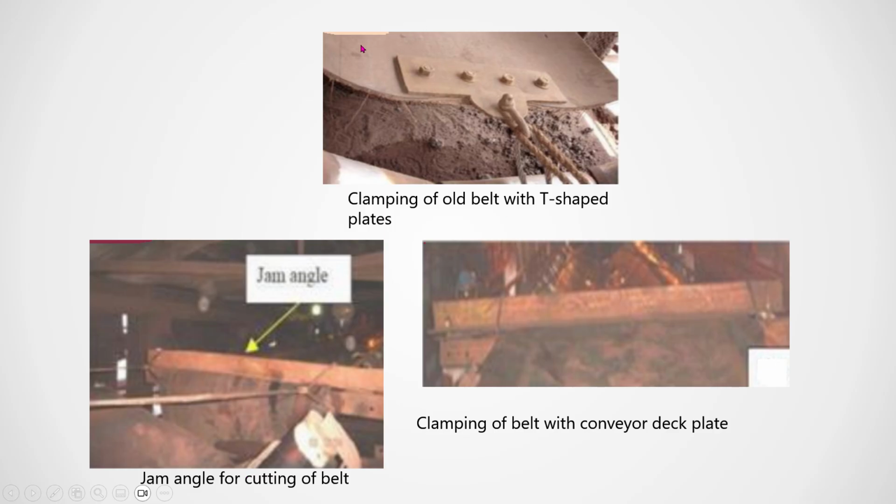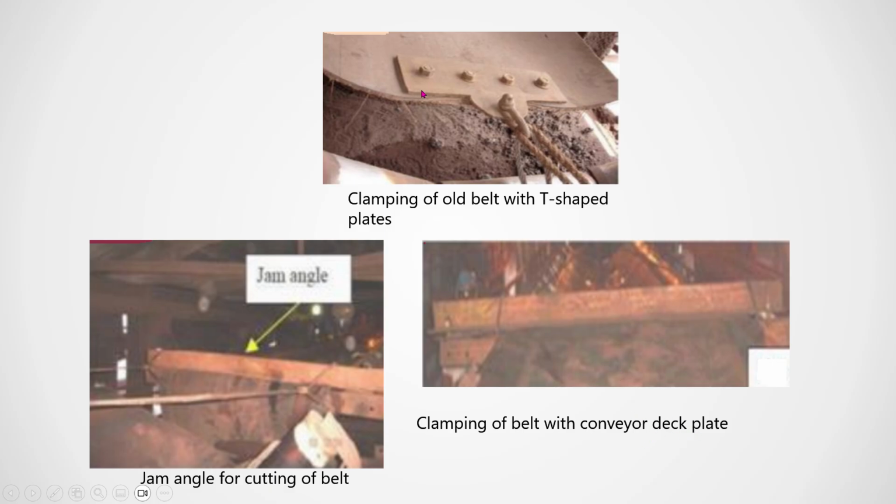The jam means here upper side one channel, lower side one channel, tighten it and fix it with your deck channel. You see here the clamping of the belt with the conveyor deck plate.